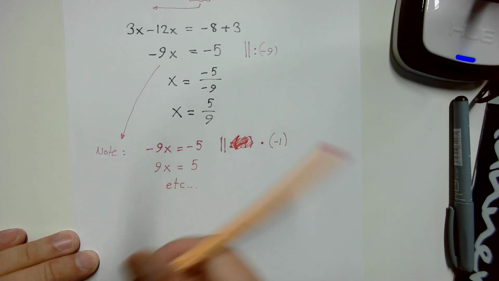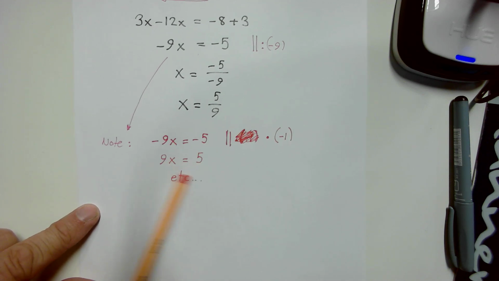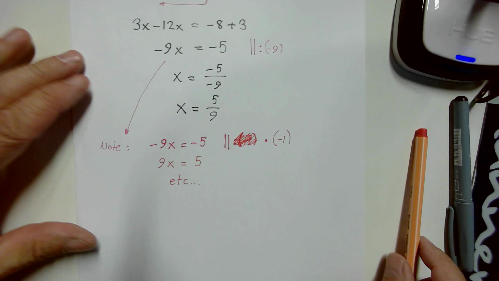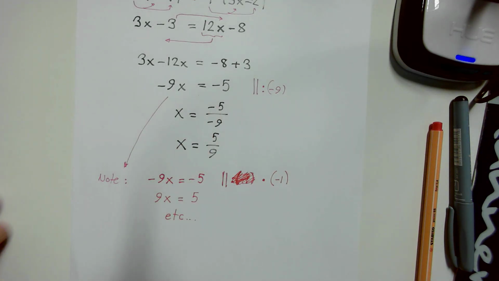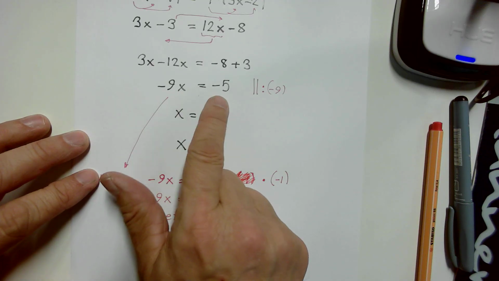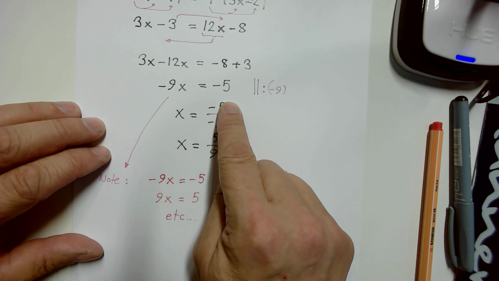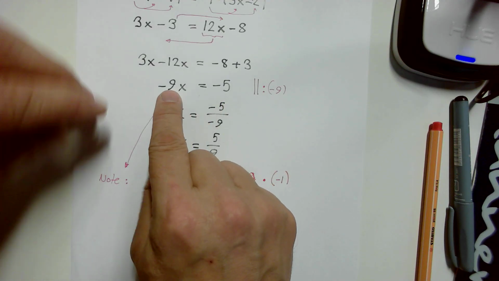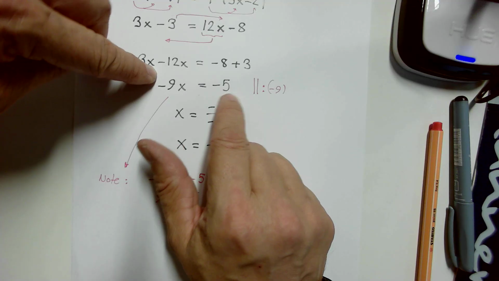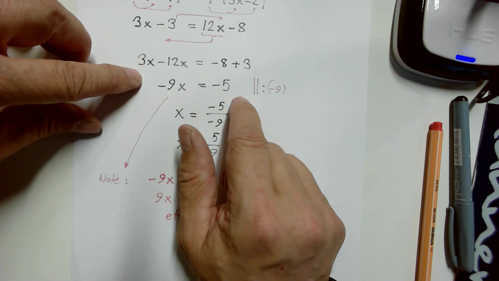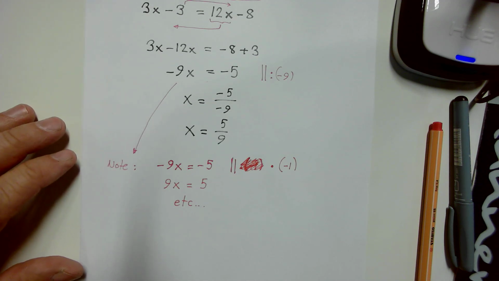It continues like here. We get positive numbers now, but actually we could also do it so that when we have this kind of equation and we see that we have minus signs on both sides, we could move those to the other side of the equation. If we move these to the other side, the sign changes, so we get 5 equals 9x, and it is the same as here but in the different direction.